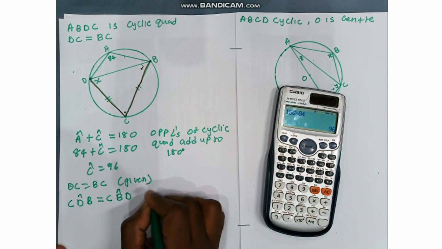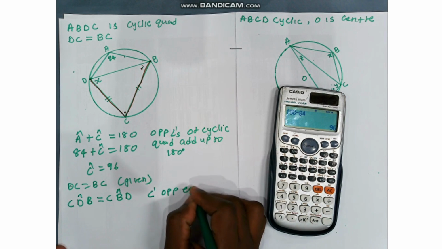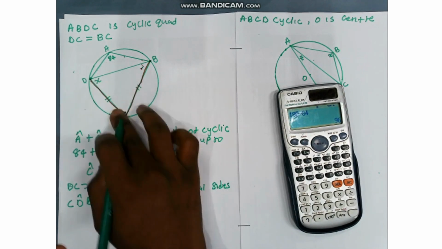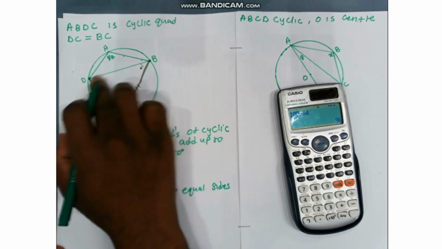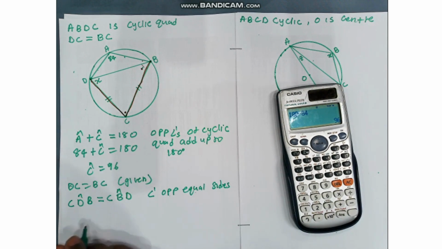Why? Angles opposite equal sides, which is an isosceles triangle. If this is equal to this, these angles are equal, angles opposite equal sides.